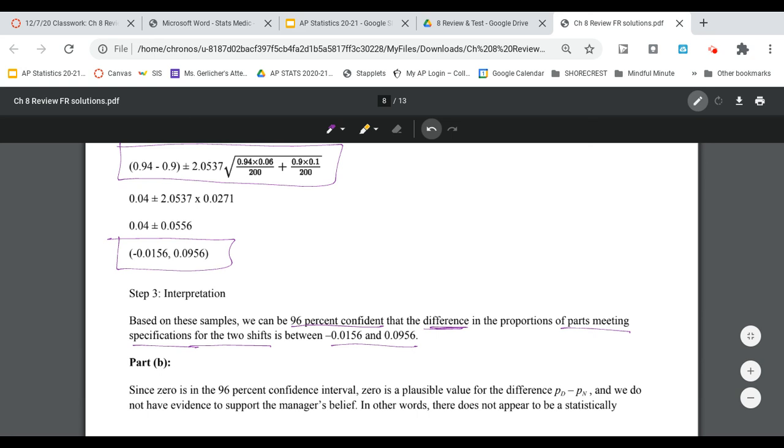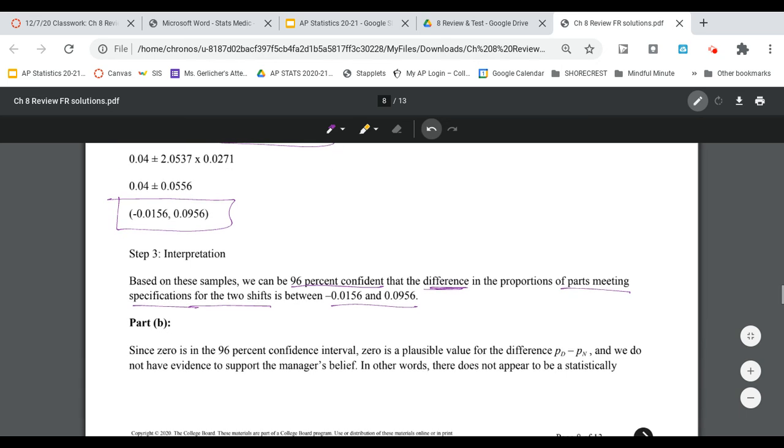If you imagine this interval on a number line, it does include 0. So that means 0 is plausible. It is plausible that there is no difference between the day shift and the night shift. Therefore, this confidence interval is not good evidence to say that the difference is not 0, because 0 is one of the plausible values.